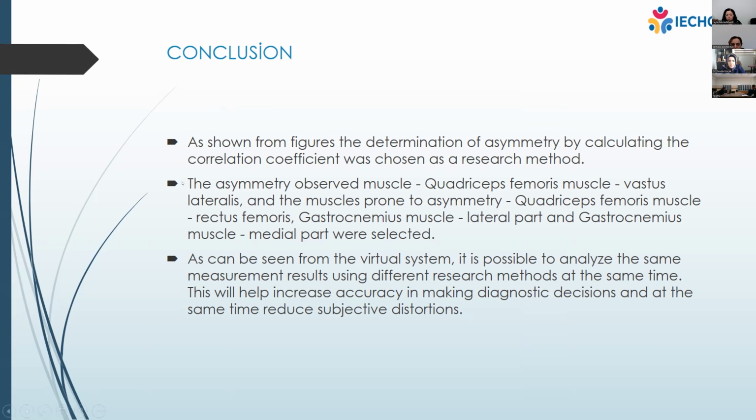And second, using this approach, we can very easily see not only the injured muscle, but predict which of them is prone to asymmetry. And from another side, this result will help doctors or researchers increase accuracy, decision-making, and diagnosis of asymmetry.